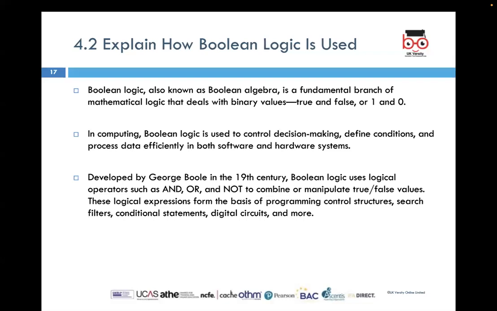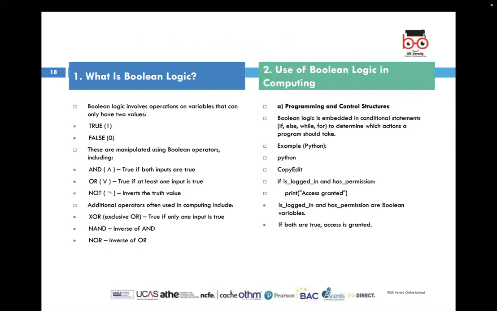Developed by George Boole in the 19th century, Boolean logic uses logical operators such as and, or, and not to combine or manipulate true-false values. These logical expressions form the basis of programming control such as search filters, conditional statements, digital circuits, and more.